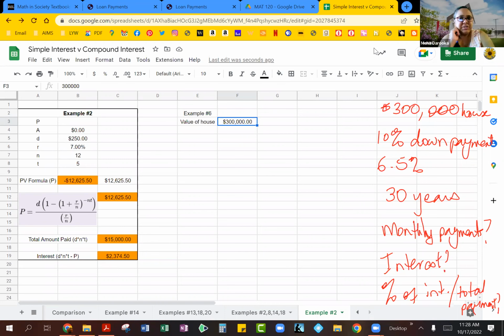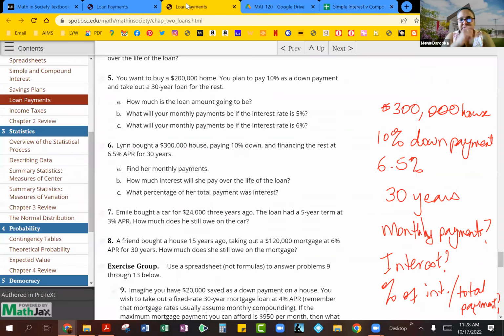Because they're telling us she's buying a $300,000 house and making a payment of 10% and financing the rest. Yeah, Terry, very nice.